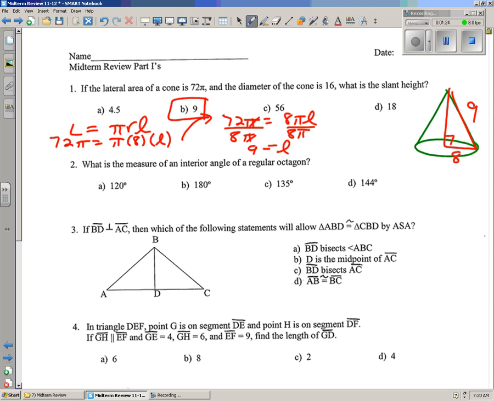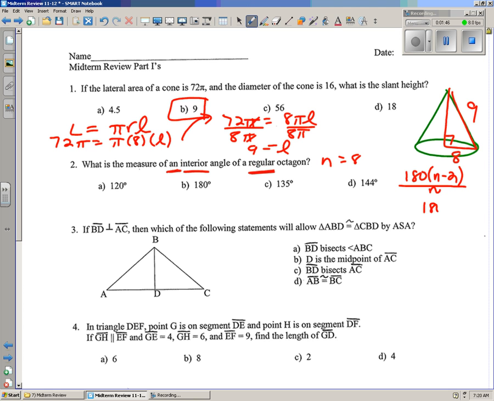Number 2 says, what is the measure of an interior angle of a regular octagon? An interior angle, or one interior angle of a regular polygon formula. Well, you take the sum formula, 180 times n minus 2. That's the sum of all the angles. And you divide by how many angles you have, which is n. So for an octagon, n equals 8.